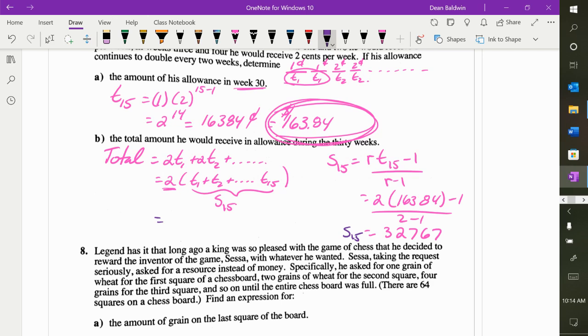So then it's 2 times 32767, which is 65534. Which in the real world is $655.34.